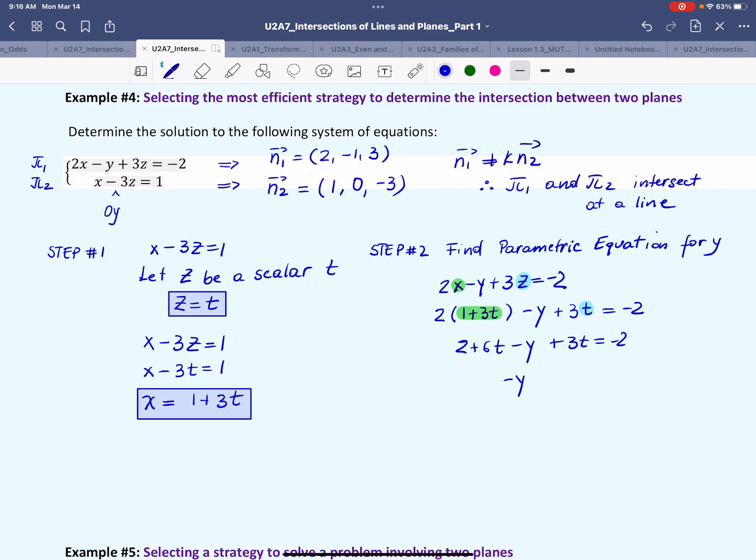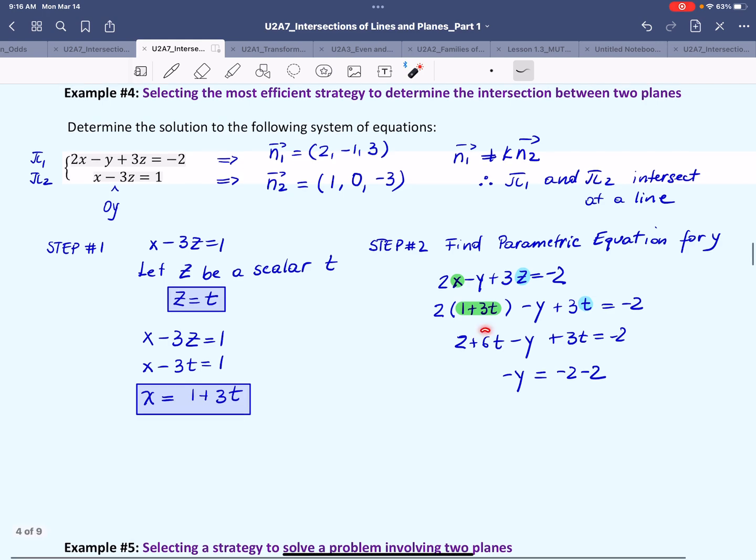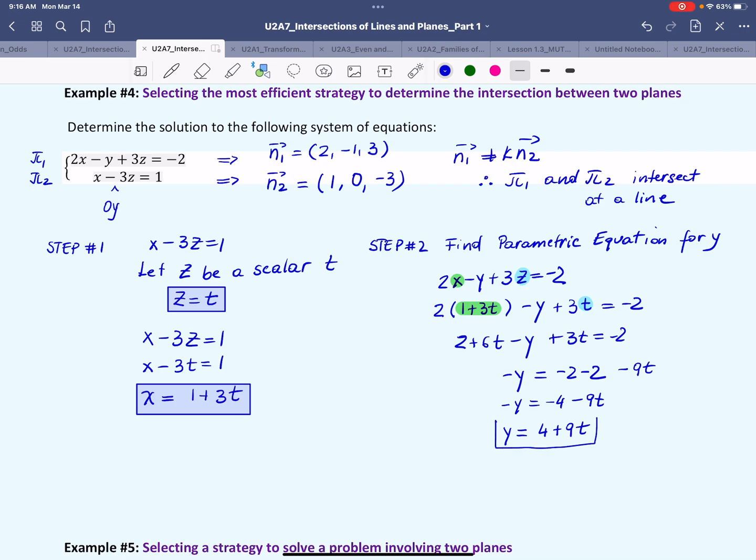Negative y would equal negative 2 minus 2, so we're taking 2 to the other side and changing the sign, and 6t plus 3t, which makes 9t, will come to the other side as negative 9t. So we'll have negative y equals negative 4 minus 9t, or simply y equals 4 plus 9t. And this will be the third parametric equation for the line of intersection.